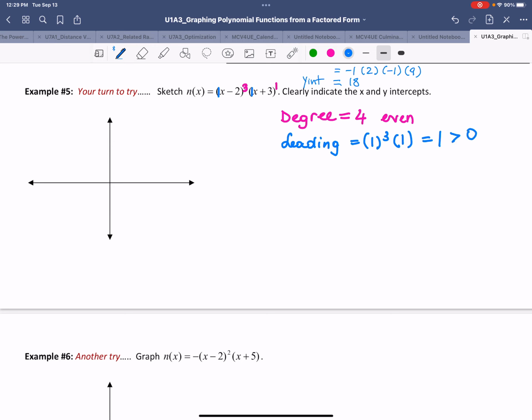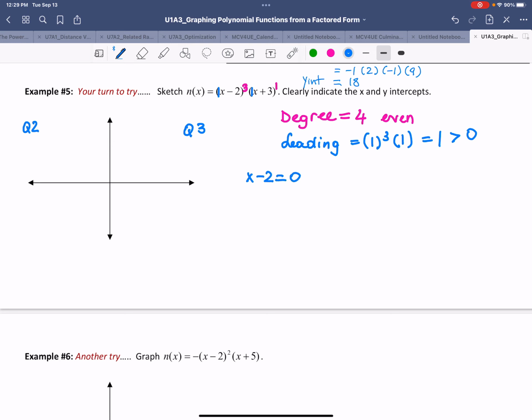Being an even degree function with a positive leading coefficient, this graph will show the same end behaviors as a parabola, a second degree polynomial function that opens up. So this graph should start in quadrant 2 and end in quadrant 1.